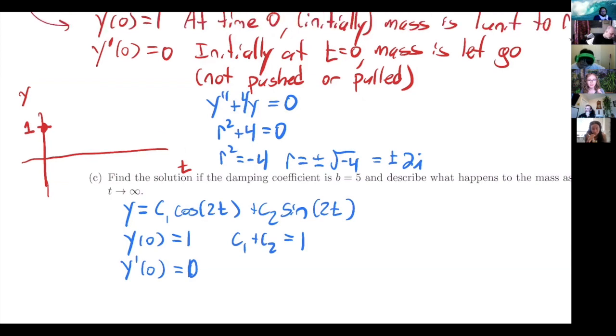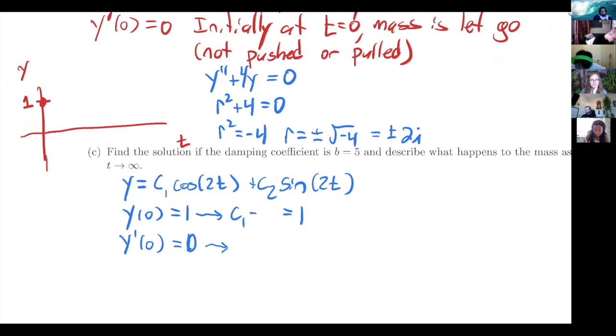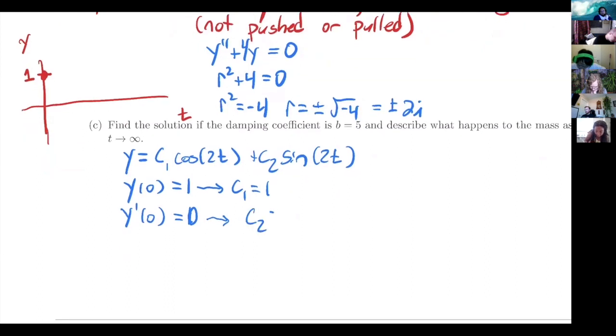Yeah, so if you're setting this up to find the c1 and c2 values, we would use the position condition to get one equation, and then using the velocity condition, we would get a second equation, right? So if we take the derivative, sine of 0 is 0. Yeah, so we get c1 is 1, and c2, using this condition down here, you could check that you should get that c2 is equal to 0. So that means we have a particular solution, which is 1 times the cosine of 2t.